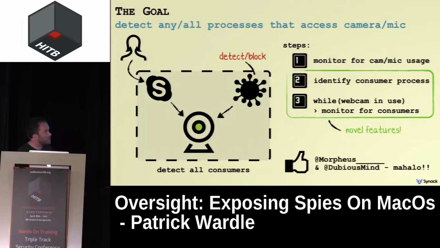So it turns out we can do this in 3 pretty simple steps. We first register for webcam notifications, just like the malware does. And then when the webcam is activated, we can basically determine who activated that, and we'll show this in a minute. And then while the webcam is in use, we just look for secondary consumer processes that might be piggybacking on to access the webcam while it's already in use.